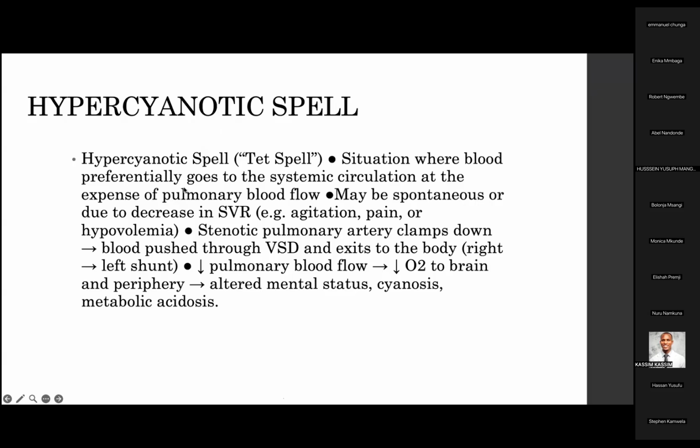All right, I guess we will find out. Oh, there's an answer. Someone says prostaglandin is available. Okay, that was pretty much it from my side.